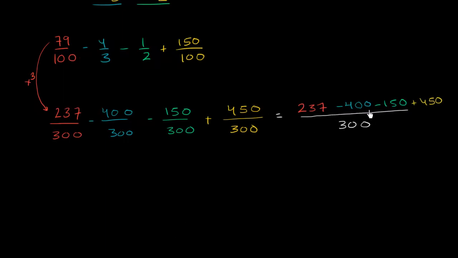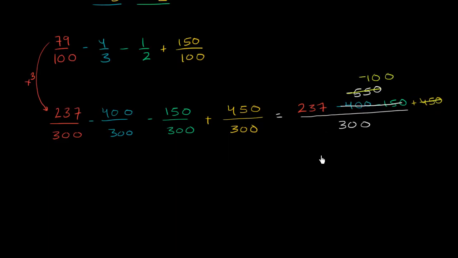We're subtracting 400 and we're subtracting 150. So these two would be the same thing as subtracting 550. And then we have a positive 237, and we're adding it to a positive 450. Or actually, maybe another easier way to think about this is negative 550 plus 450 is going to get us negative 100.